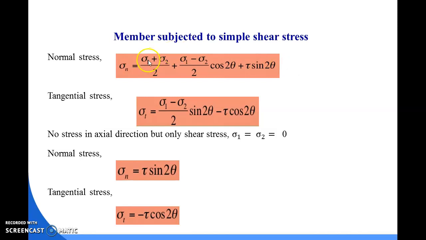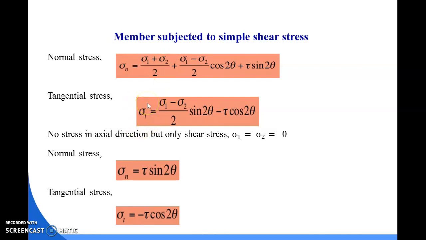Again from the complex stress 2D system, we put sigma 1 and sigma 2 as 0 in the normal stress as well as the tangential stress.